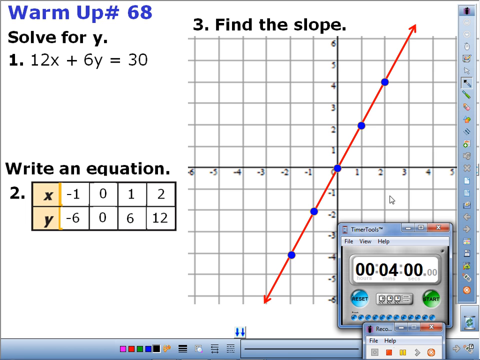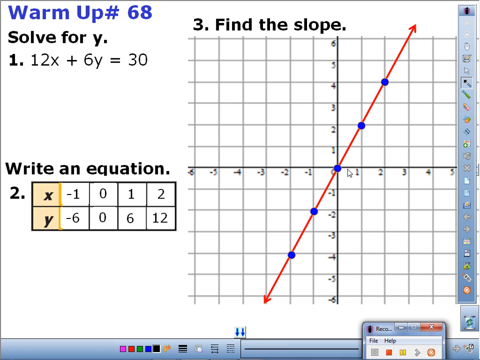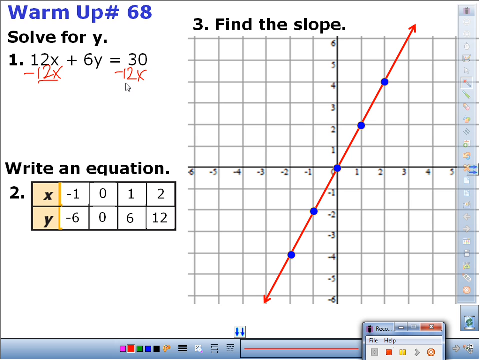All right, here we go. Number 1, it says solve for y. So in order to solve for y, we need to leave y by itself and get rid of the 12x. Is that correct? So therefore, we subtract 12x from each side. We're left with 6y equals negative 12x plus 30.